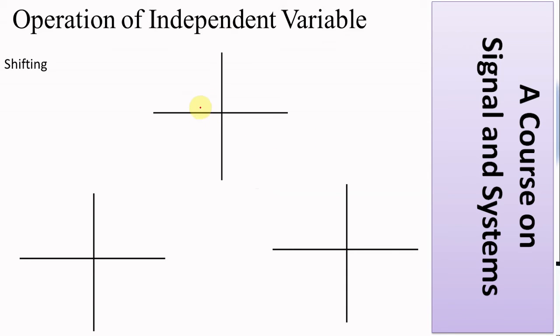Shifting you can quite easily understand. So if I have a signal like this, just an arbitrary signal x(t) with respect to t, suppose, just for illustration purpose, this is plus 1 and this is minus 1. The amplitude is, say, a, so it remains a.